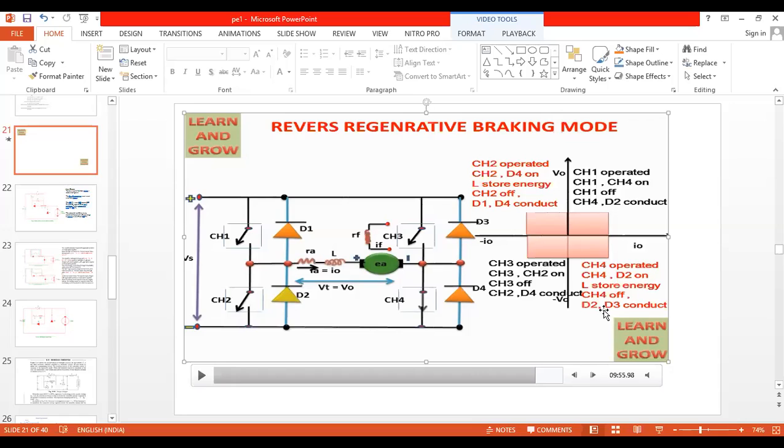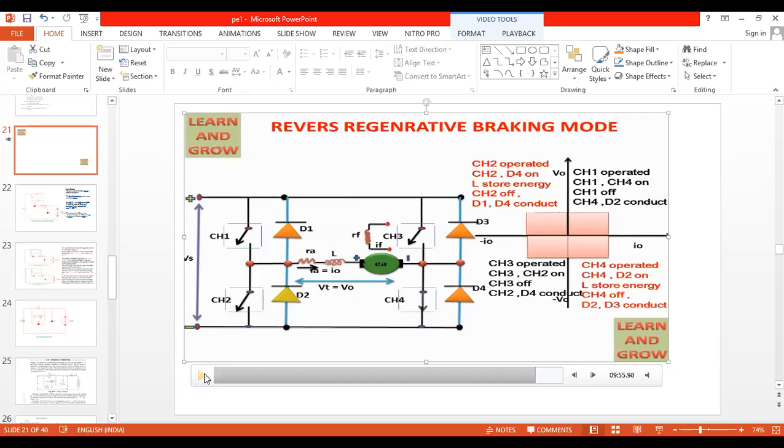It can be operated in the 4th quadrant, where voltage is negative but current is positive. If the machine again acts as generator, it can also be expressed in the 2nd quadrant. So the 2nd and 4th are generating operation, and the 1st and 3rd are motoring operation.